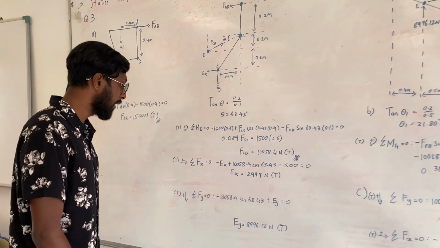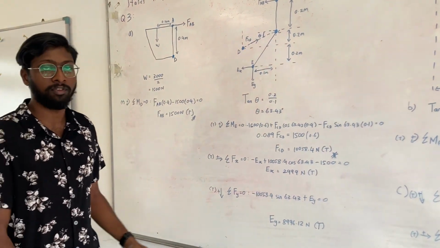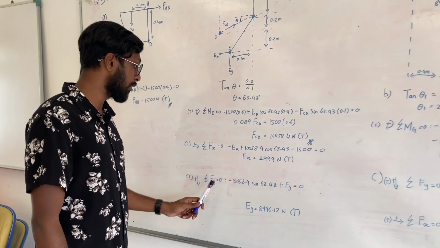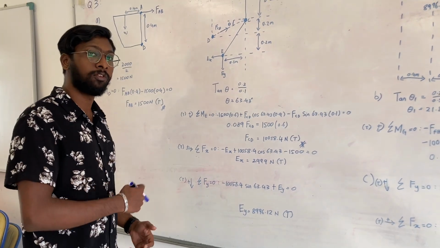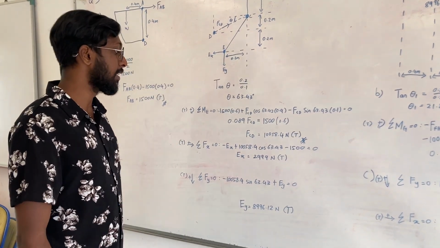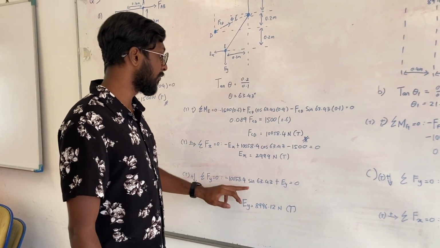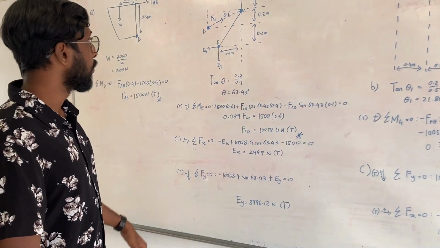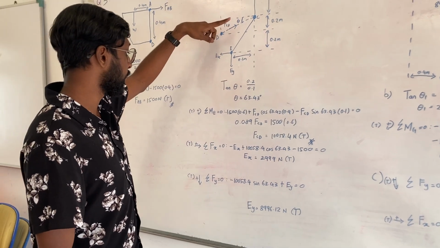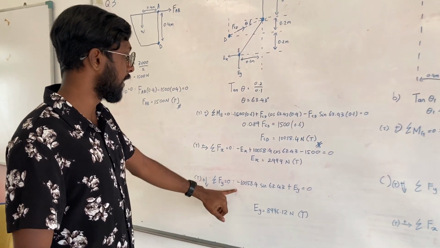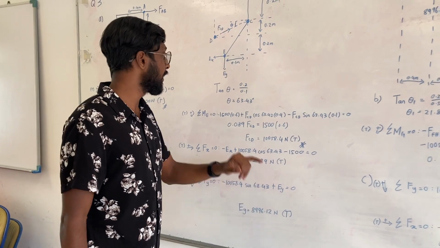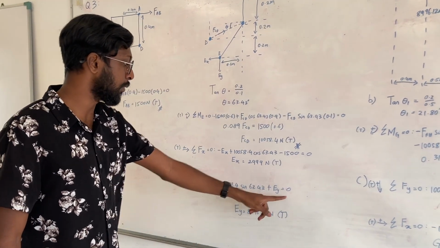And then the third equation of equilibrium, summation of forces in y-axis equals 0, we assume that downwards is positive and the forces are in tensile. So we have negative 1058.4 sine 63.43, which is going upward, hence negative, plus Ey is going down, so positive, equals 0.